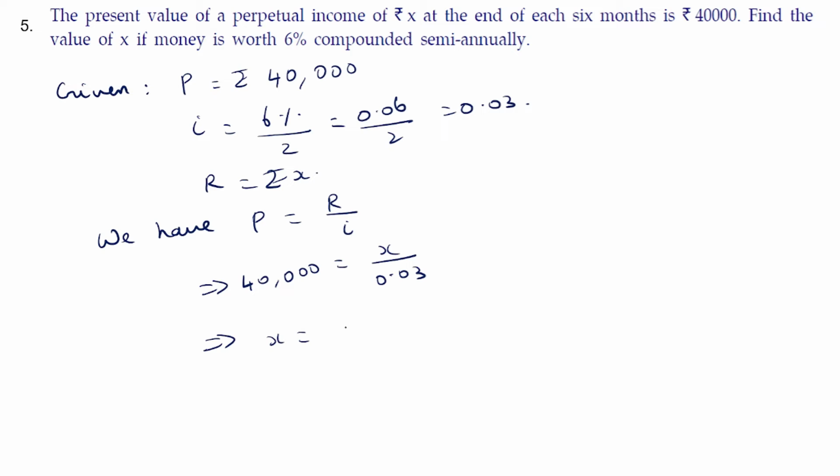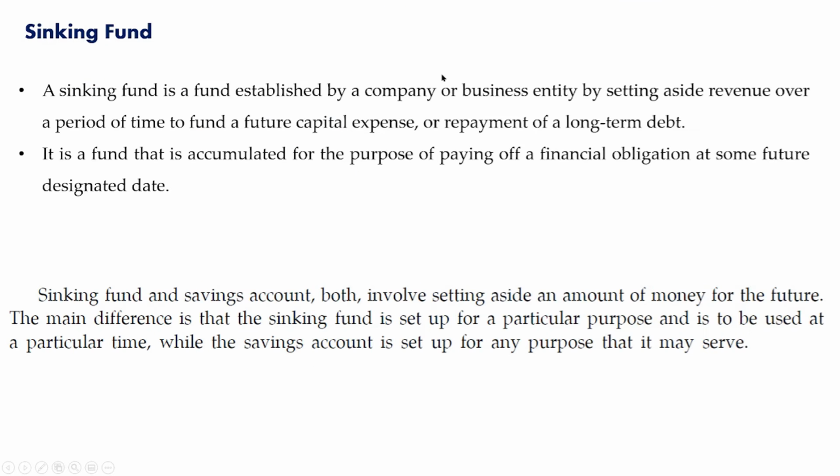So from this we get X as 40,000 into 0.03, which is 1200. Therefore, X is equal to rupees 1200. So this rupees 40,000 is the present value of this perpetual income rupees 1200 when money is worth 6% compounded semi-annually.